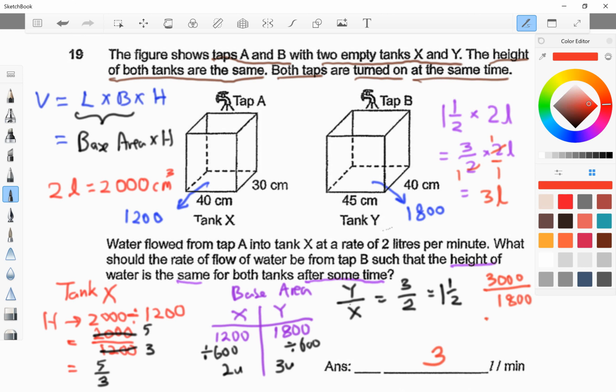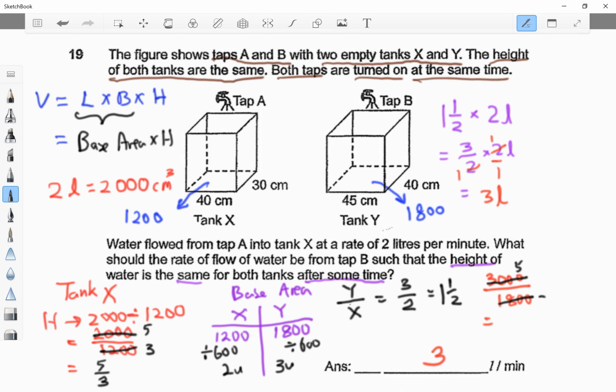So let us go for simplest form. 3000 divided by 600 is 5, and 1800 divided by 600 is 3. So lo and behold, we have obtained the same answer of 5 over 3 centimeters every single minute.